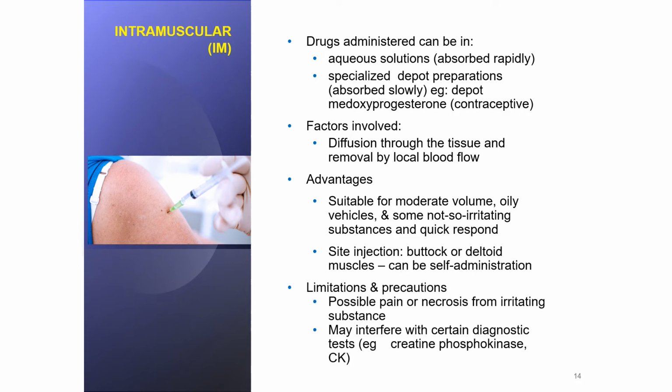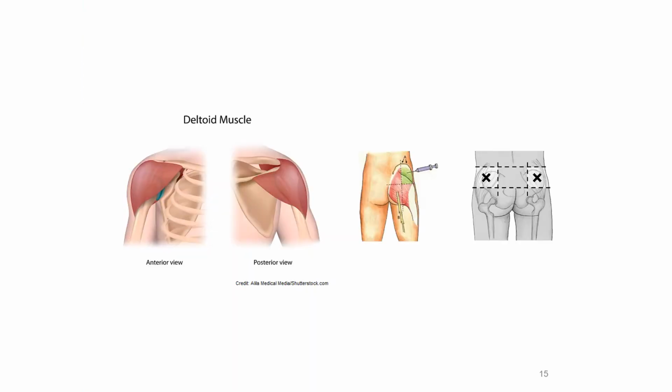All right, so it also can interfere with a certain diagnostic. The site of injection of intramuscular is either at the deltoid muscle or at the gluteus muscle, upper outer quadrants.